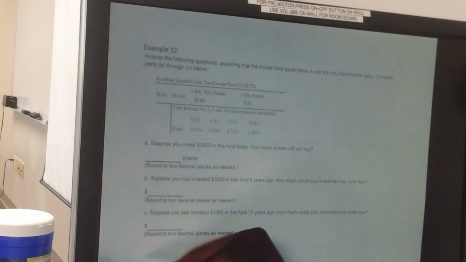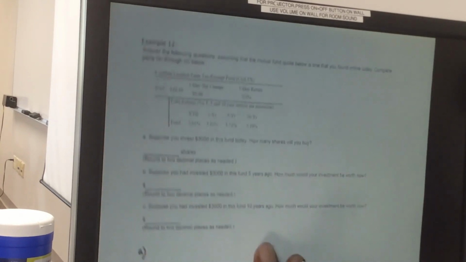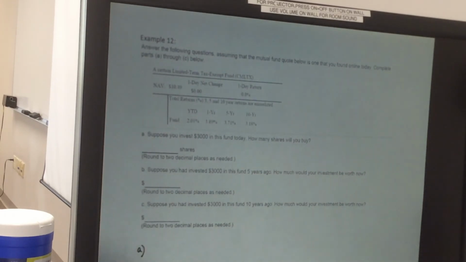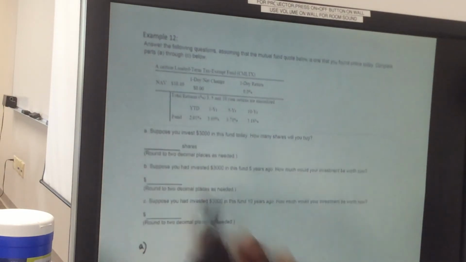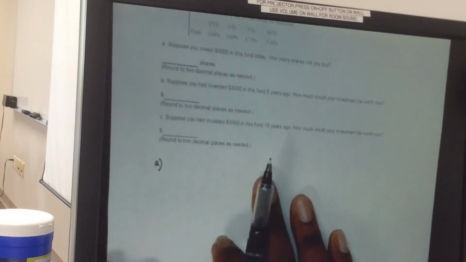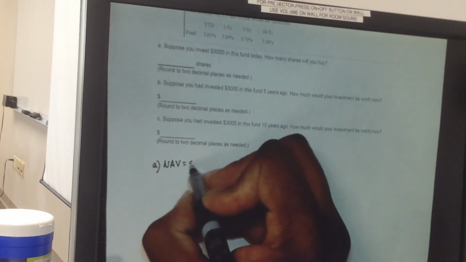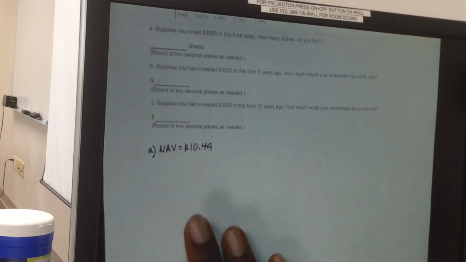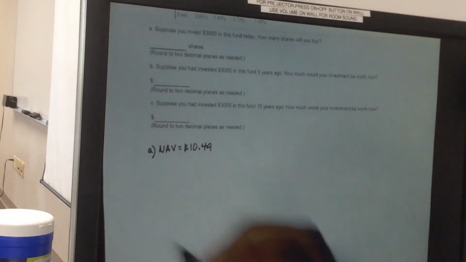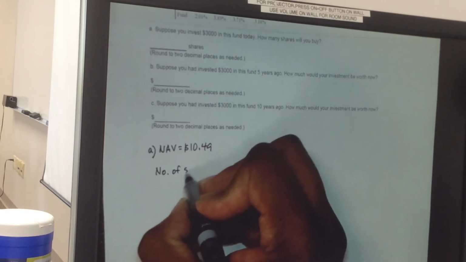So in this case, I need to look at what the net asset value is, that's NAV, which is in this case $10.49. Okay. Now, let's look at the number of shares.